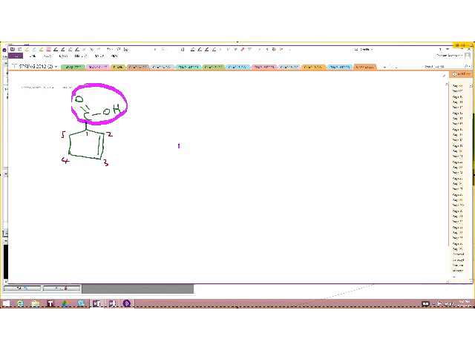Okay, so now this becomes 2-cyclopentene, because that would be the name of the ring system, and then you simply add the word carboxylic acid.